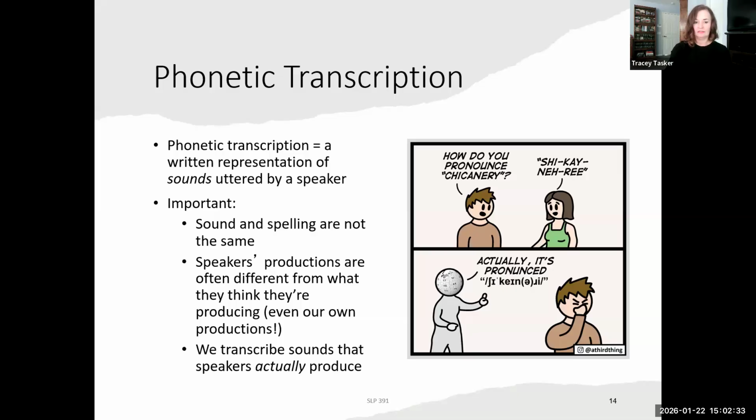With spelling, you not only have to suppress what you know about English letter-sound correspondence for some of the IPA symbols, but you also have to suppress what you know about spelling, okay? Because it's not a one-to-one correspondence with spelling. So for example, if there's a silent E in a word, we don't transcribe that. We only transcribe the sounds that we hear.